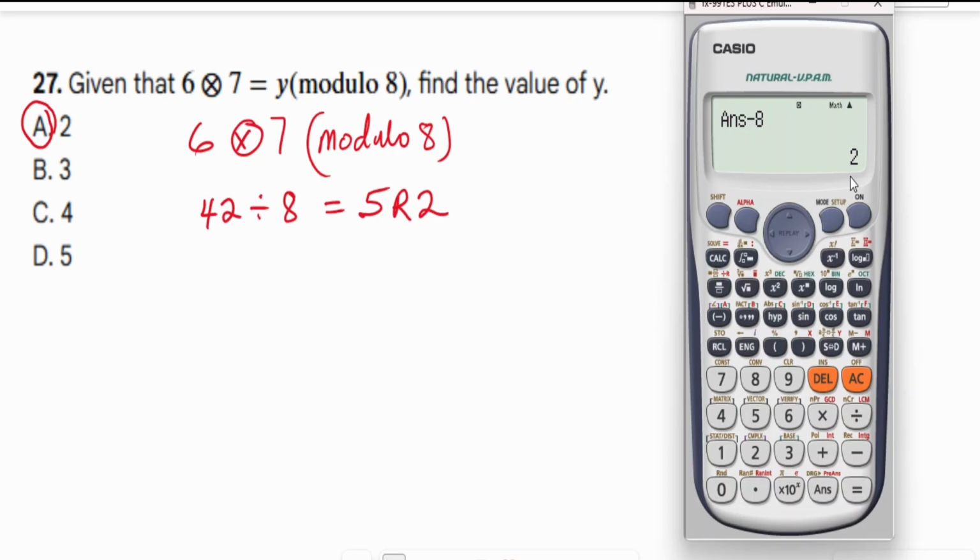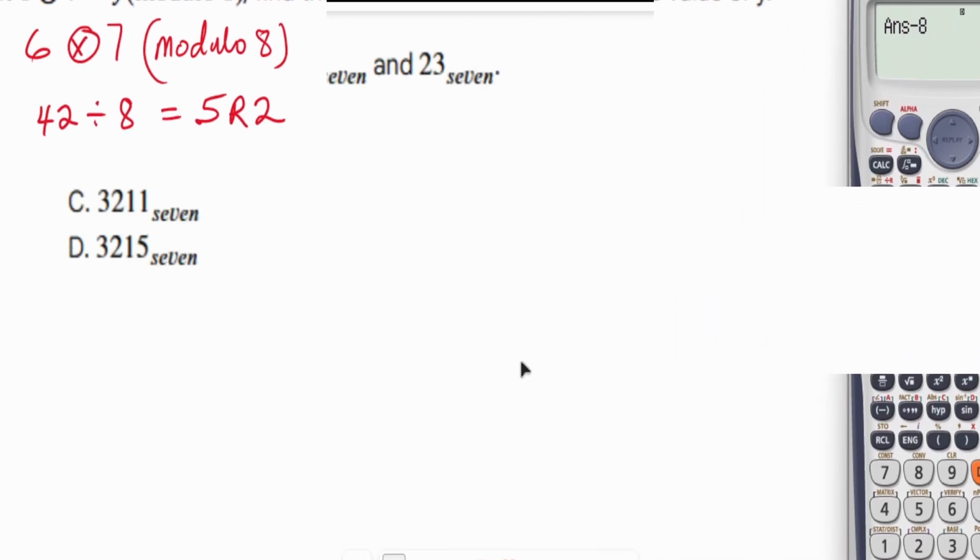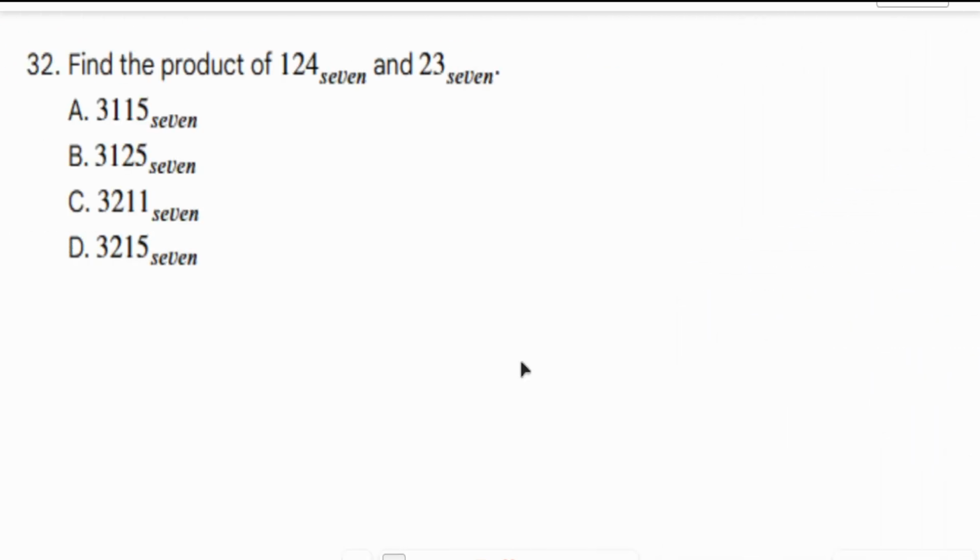Let's move to the next question, which is 32. As I said from the beginning, question 32 is number bases, and in this situation, multiplication of number bases. So the question asks us to find the product of 124 base 7 and 23 base 7.